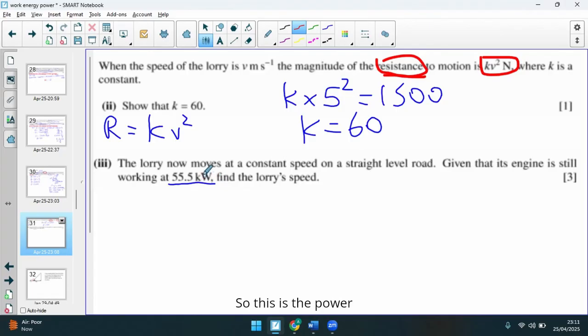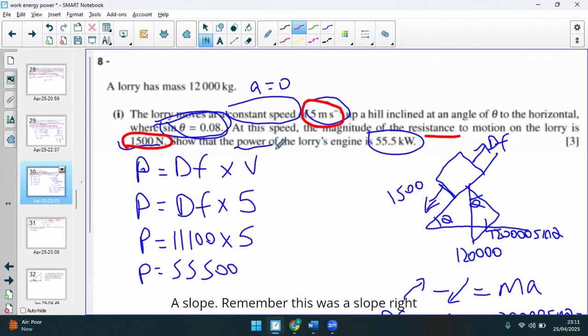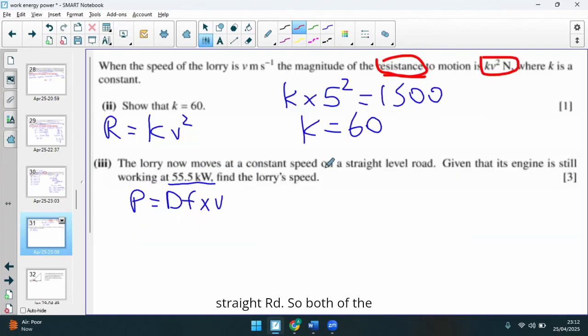Now, because we've changed from a slope, remember, this was a slope inclined at an angle, and now we are on a straight road, both the driving force and velocity have changed. Usually the velocity stays the same and then the driving force changes, but because we've changed the surface angle, both of them will change. They've told you the power is still the same. So 55,500.